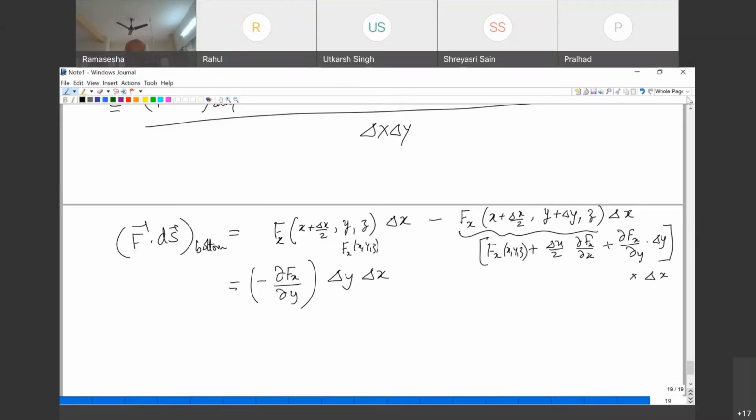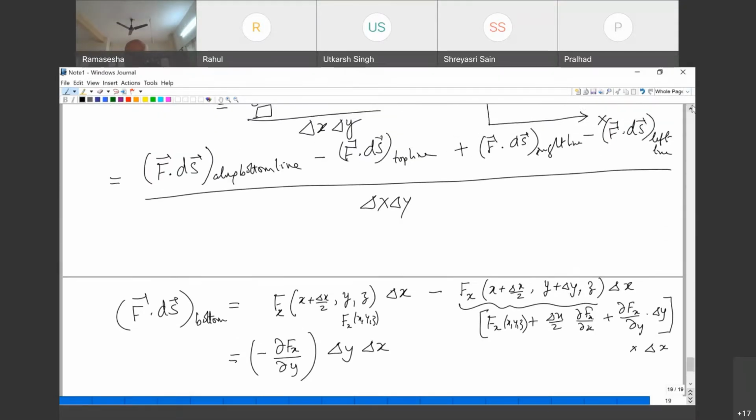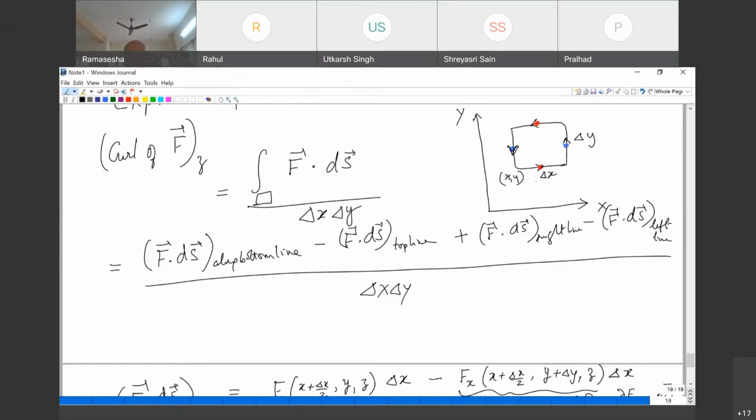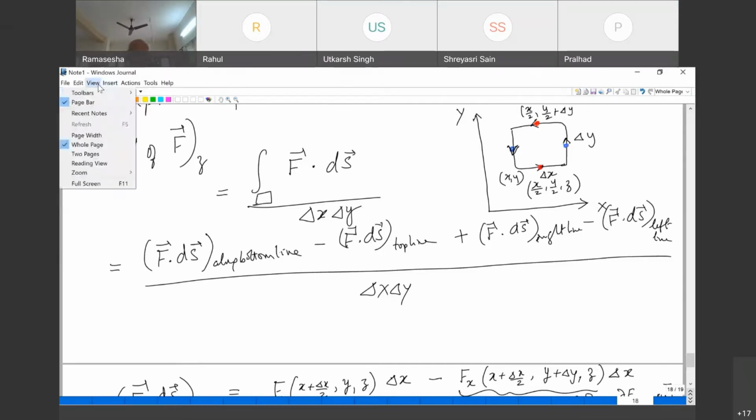Yeah, you see, what I am doing is the following. The bottom line is at this point, at what point? x plus delta x by 2, y, comma z, okay? And this point is x plus delta x by 2, y plus delta y, comma z.